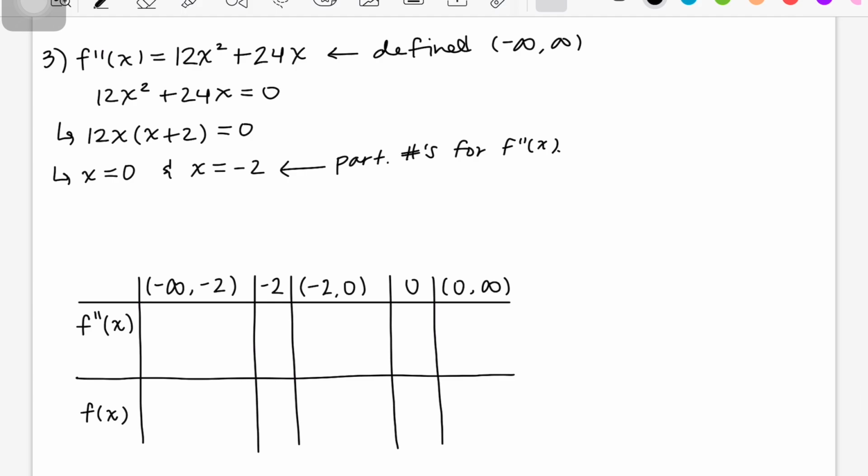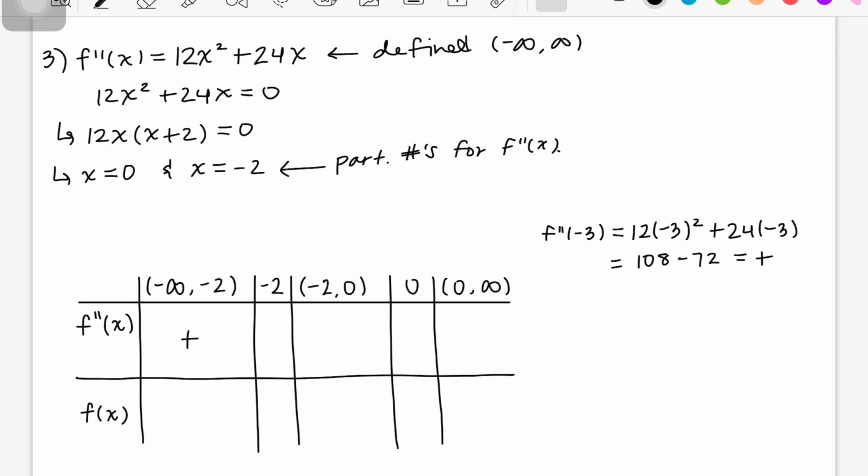So we'll look at some test numbers in these regions. From negative infinity to negative 2, we'll look at negative 3 here. Plugging this into our second derivative, we'll get a positive number.